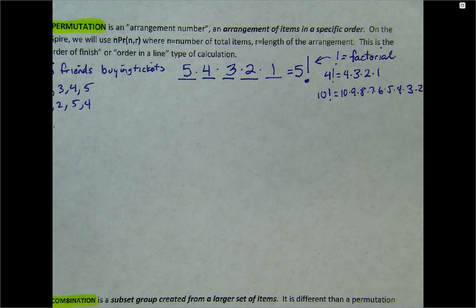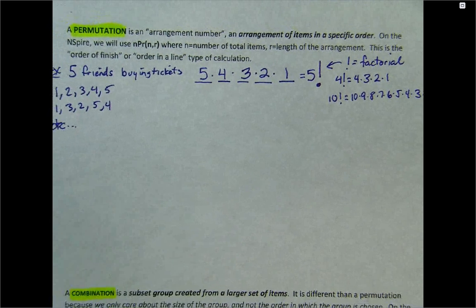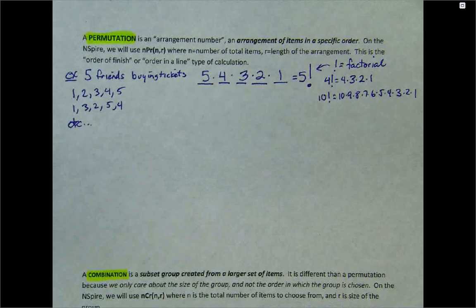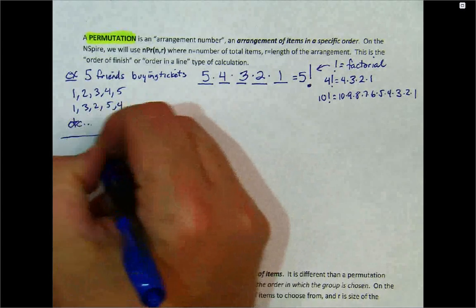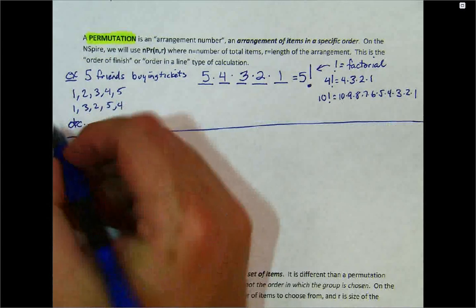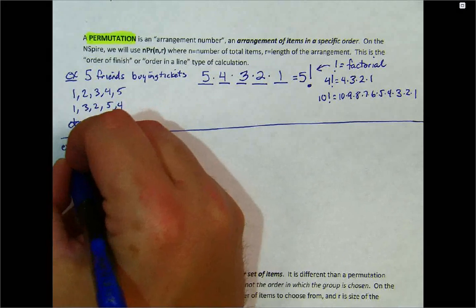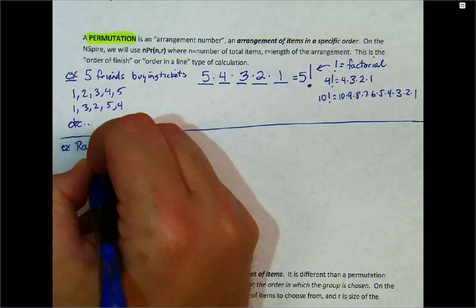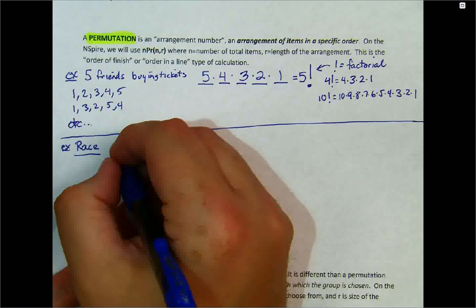Now, the thing about a permutation is this idea can extend. Even though we had 5 friends here, I always like to use this one too: you have a race. You have 8 swimmers.